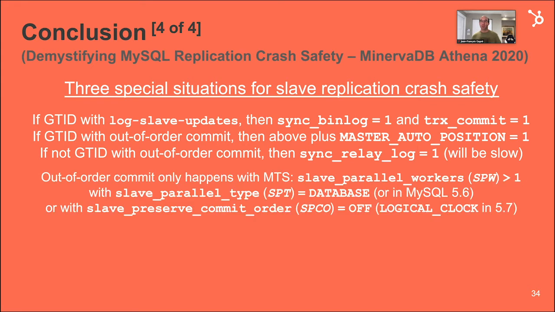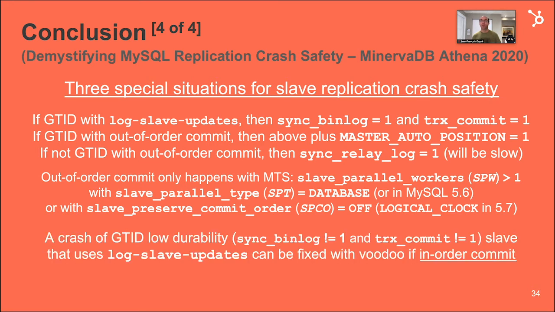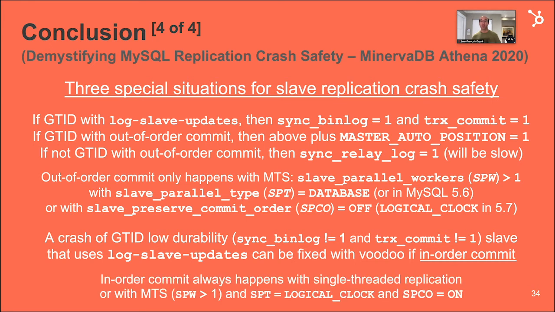This is what I mean by out-of-order commit. You can read the description. You can use the voodoo trick if you're doing in-order commit with GTID and sync_binlog equal 0, trx_commit equal 2. And in-order commit will happen in this case.